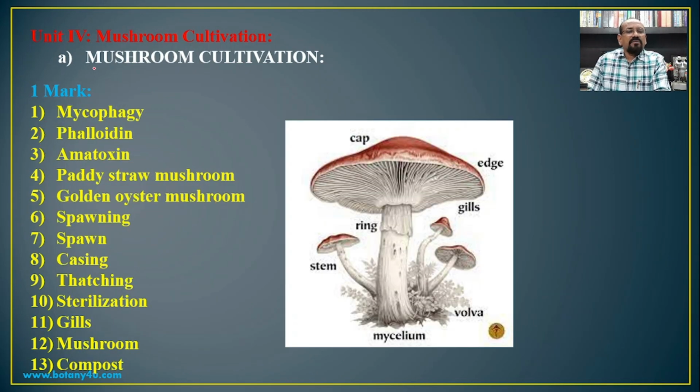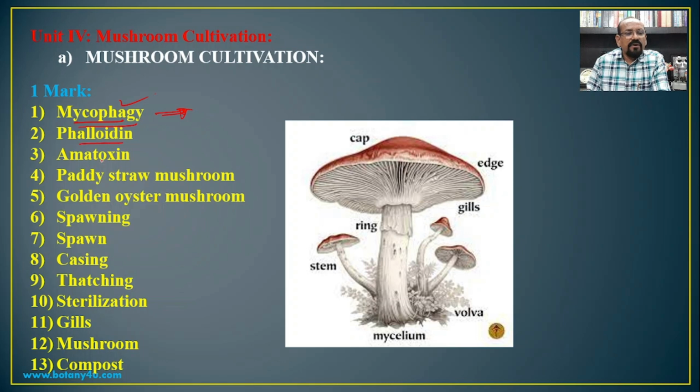Then the 1 mark questions on mushroom cultivation. Mycophagy: if you see the different conditions, that is vegetarian, non-vegetarian, in similar type, if anyone is eating the mushroom, then it is known as mycophagy.